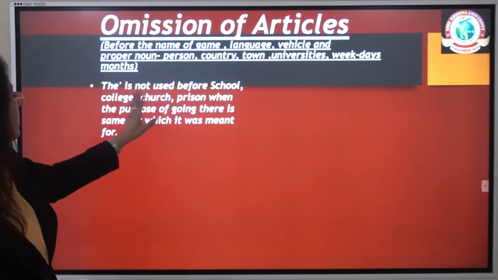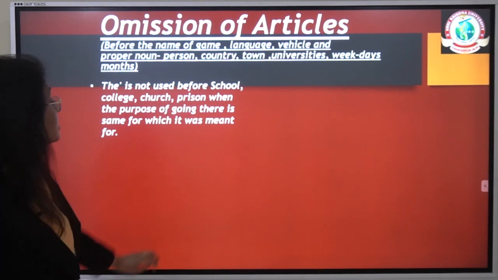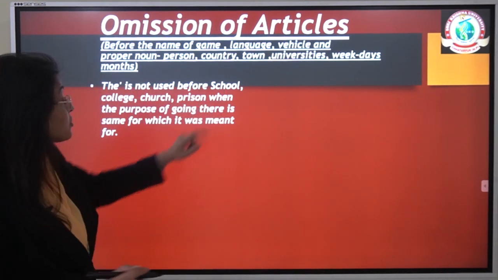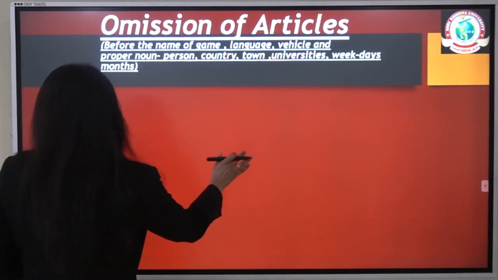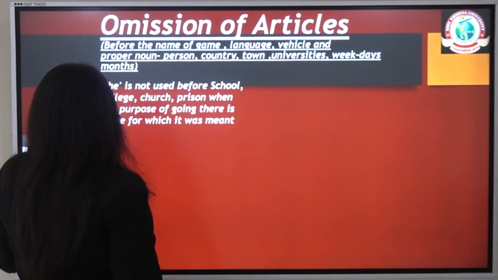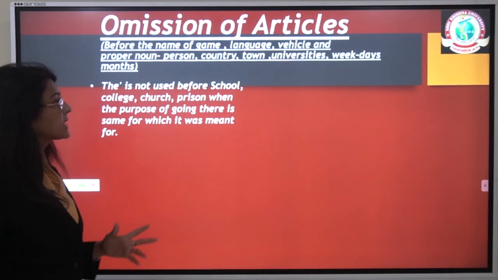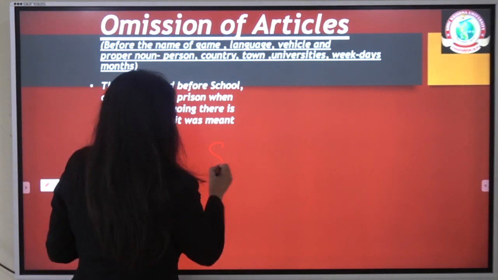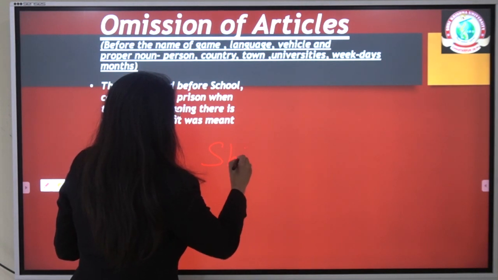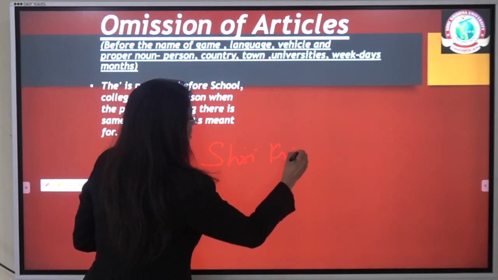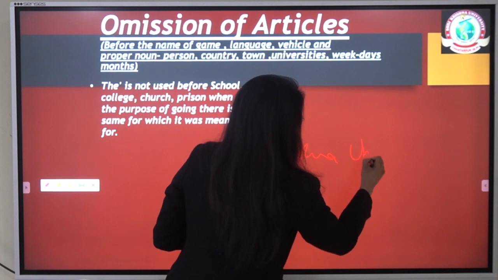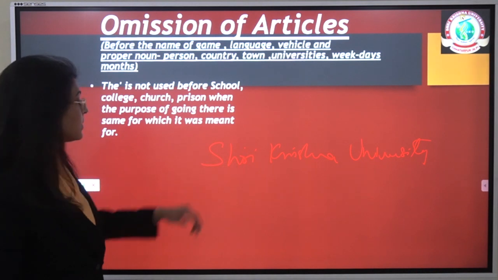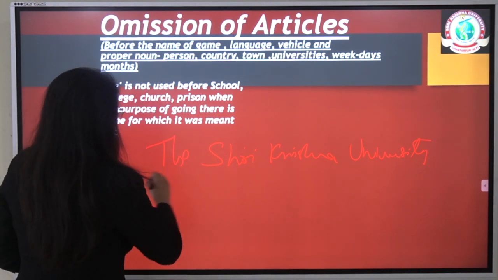The is not used before school, college, church. You will never say the school, right? The name of the school. It is school, college, or church referring to the name in specific. Supposedly, for this university, we say Shri Krishna University. If you are saying Shri Krishna University, you are not adding this article here.